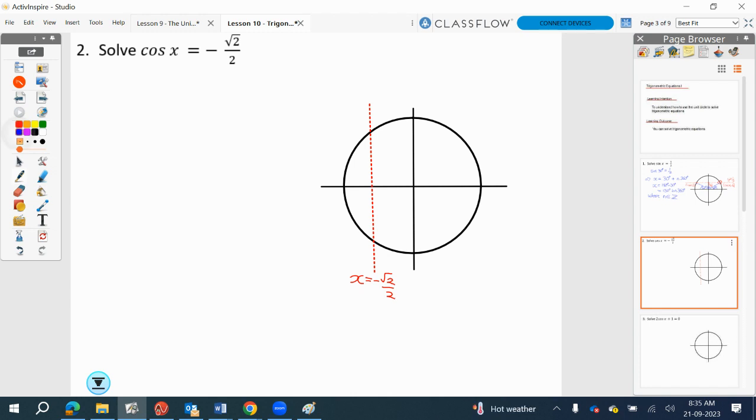The solutions that we want lie where the terminal side intersects that line. Like this. These are our sets of solutions. This point here, P, what are the coordinates of this point P? No, that's over here.